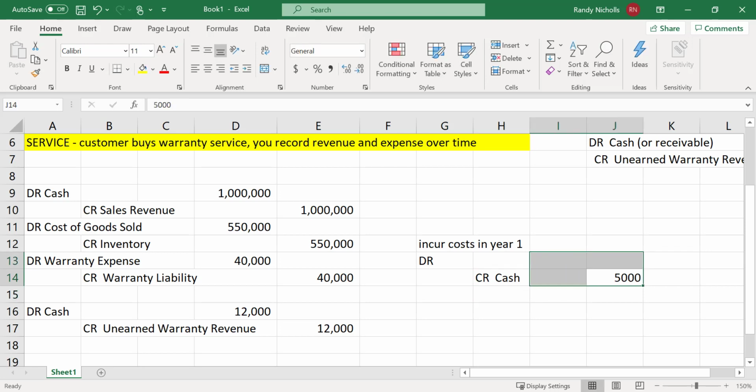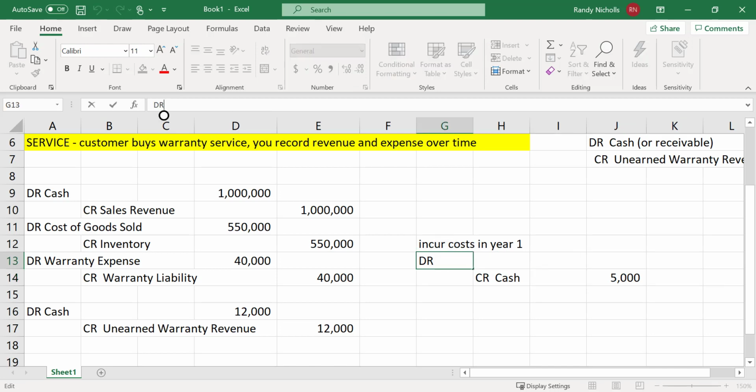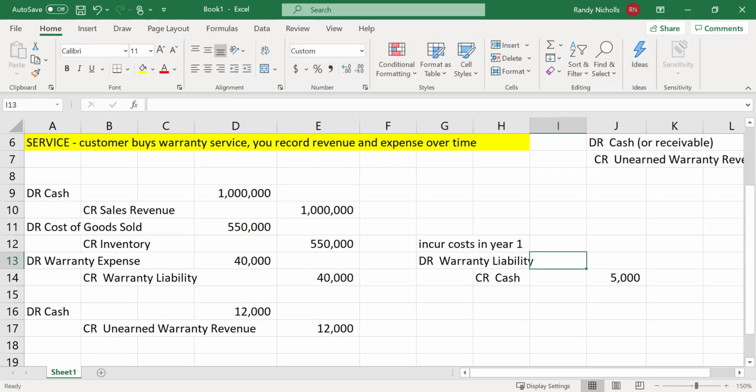Right, so customer brings it back, it's broken, I need to fix it, and it cost me $5,000. What am I going to record that to? Well, I'm going to reduce my liability. I thought I was going to incur some costs, so I set up a liability. Now I've actually incurred them. So let's take it out of liability.